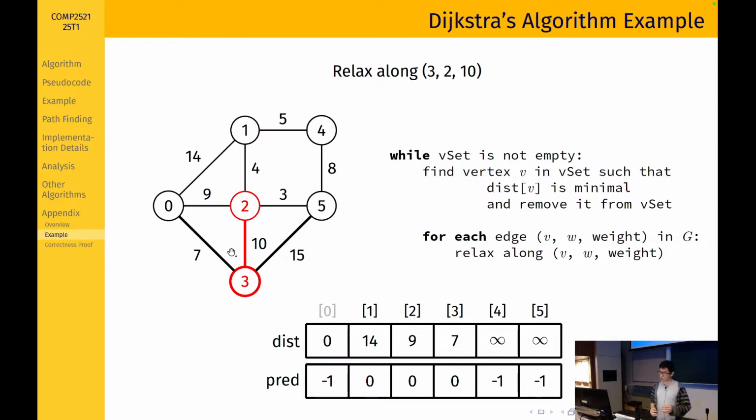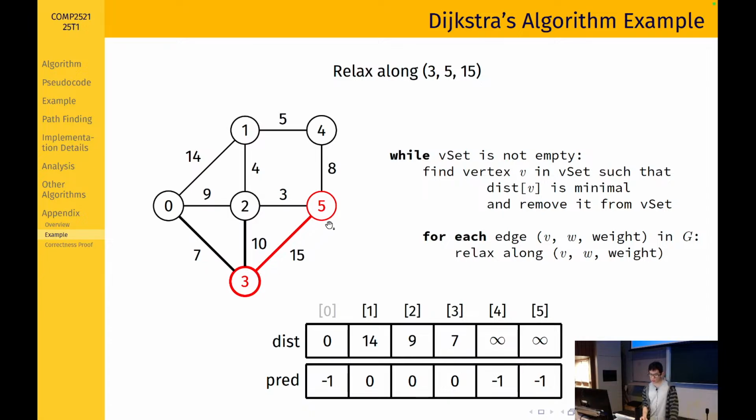So that's not cheaper than 9, so we're going to just ignore that and move on to the next edge.